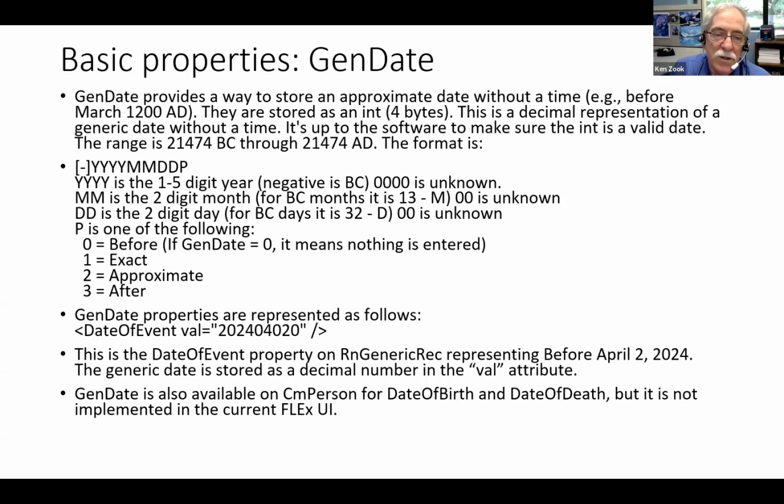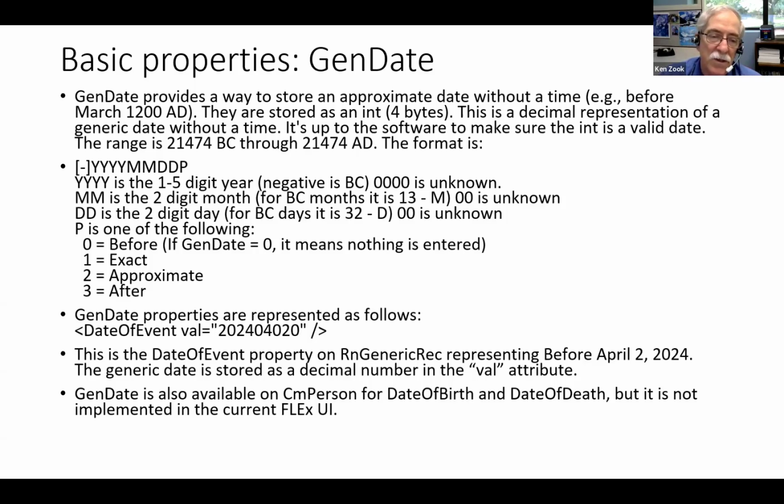The format is digits. The first 4 digits are the year, and if it has a minus, then it's BC, and if it's all 0, then it's unknown. Then there's a 2-digit month. For BC, it's 13 minus the month, and 0 is unknown. Then a 2-digit day, and if it's BC, it's 32 minus D, and 0 is unknown.